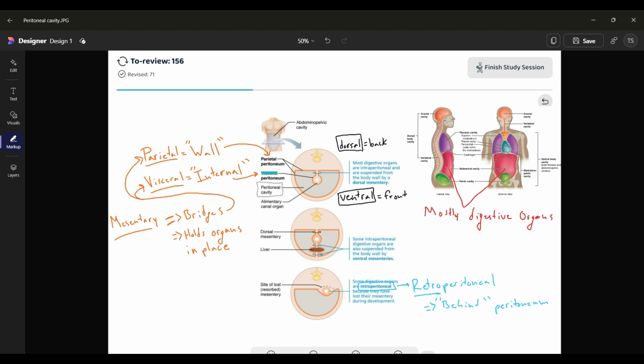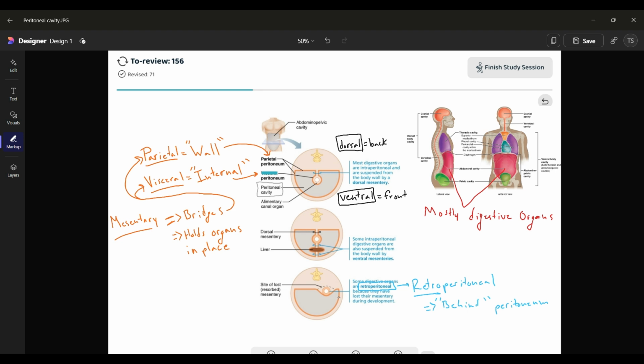Or at least not both of them, but it has two ventral mesenteries because they originate primarily from the front of the parietal peritoneum. And so basically, these are just attachment points that hold the organ in place. Without them, they'd be flying all over the place in here whenever you ran or walked or laid down or did something. So it's really important that you have these connection points here.